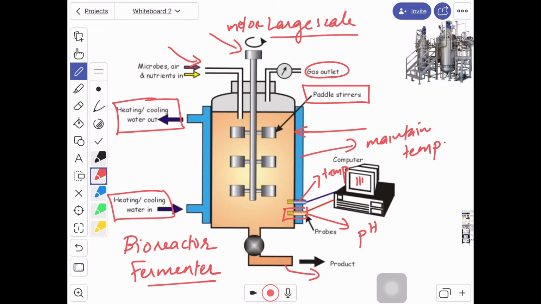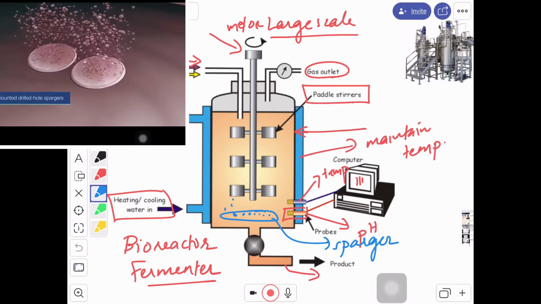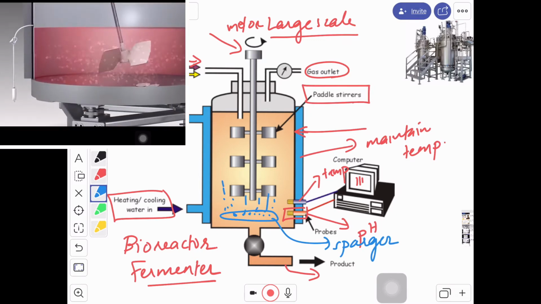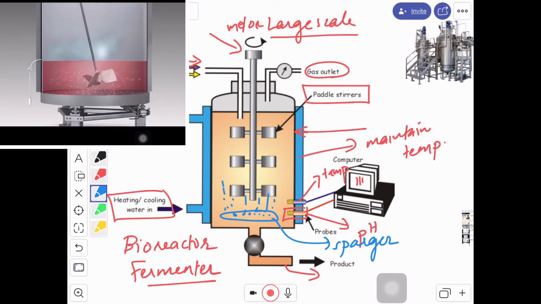So a fermenter is a large vessel which is equipped with all the associated instruments that maintain the controlled environment inside it. I need to add here, there is a structure inside this fermenter known as a sparger. This releases oxygen or air to the fermentation mixture.